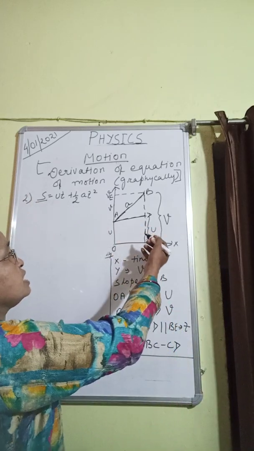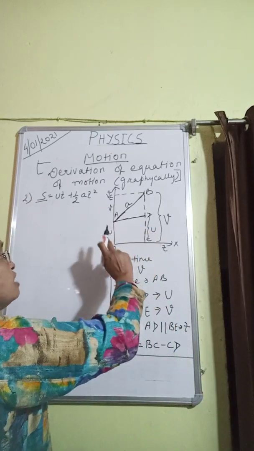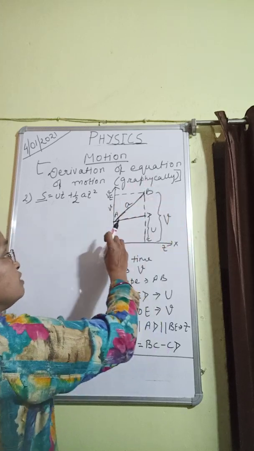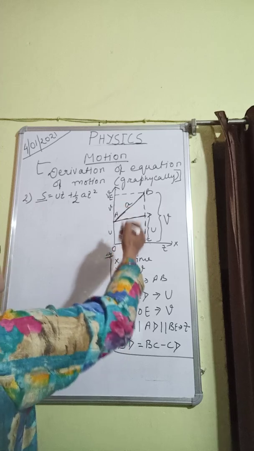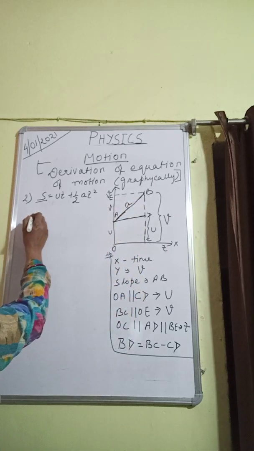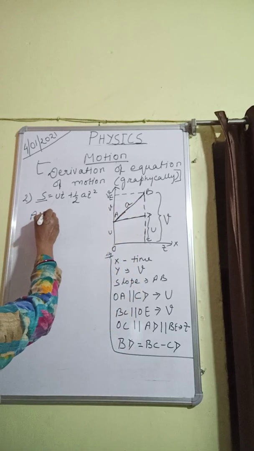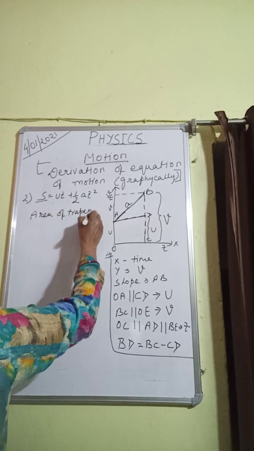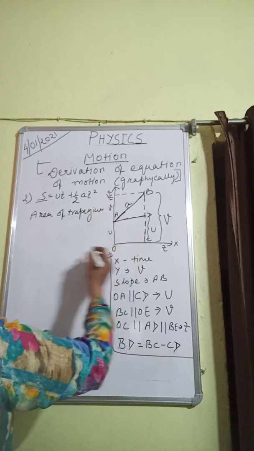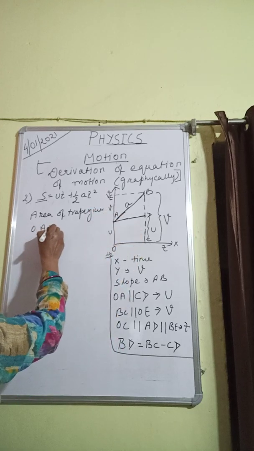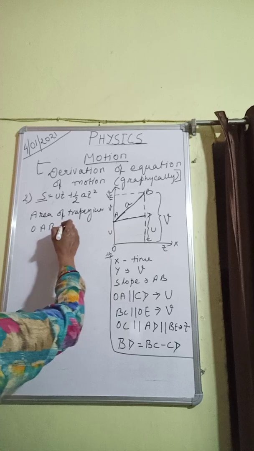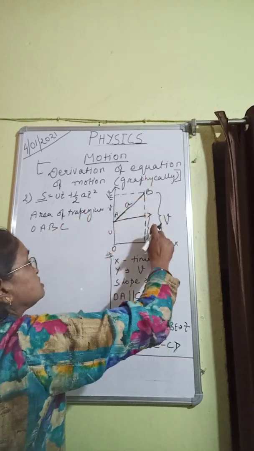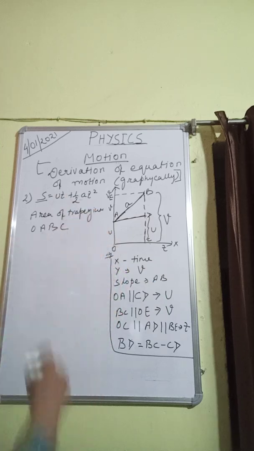Here also the same thing is happening. A body is starting from position A and finally reaching B, with reference point O. So the body is covering the trapezium, that is, the area of trapezium O, A, B, C. This area the body is covering.